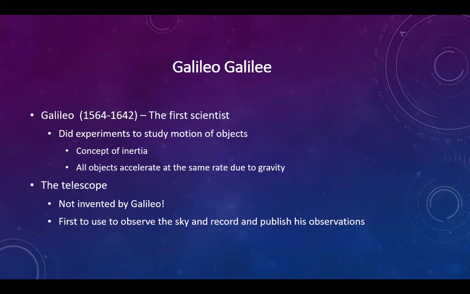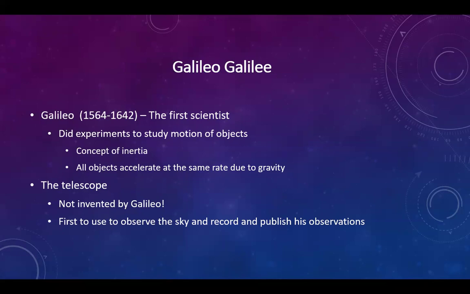He also was the first person to use the telescope to observe the sky and record and publish his observations. He didn't invent the telescope. He heard about it and was able to make his own. The telescope was invented by Dutch lens grinders, who were making glasses and stuff.